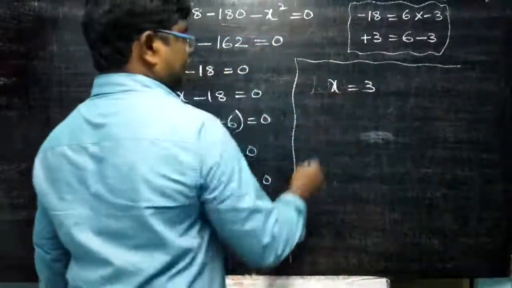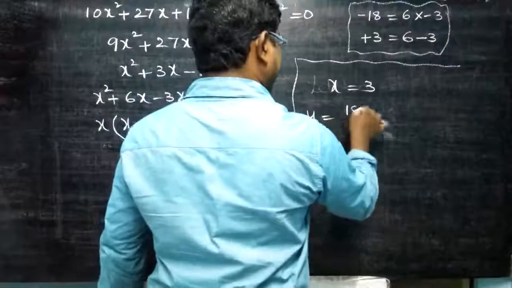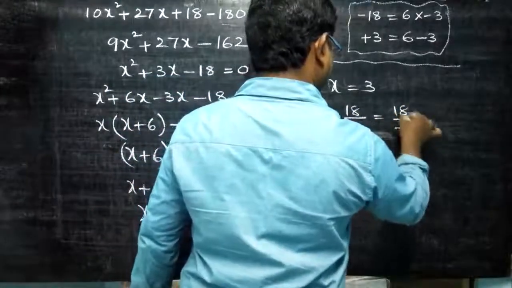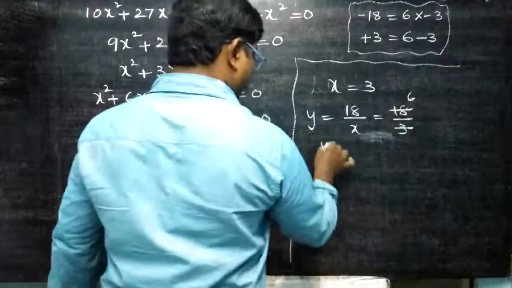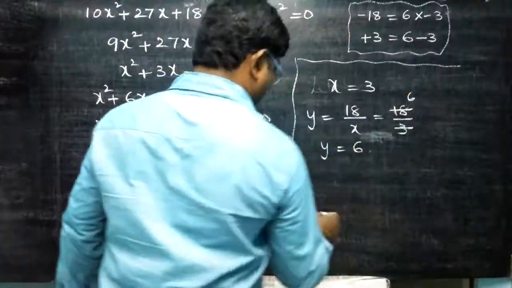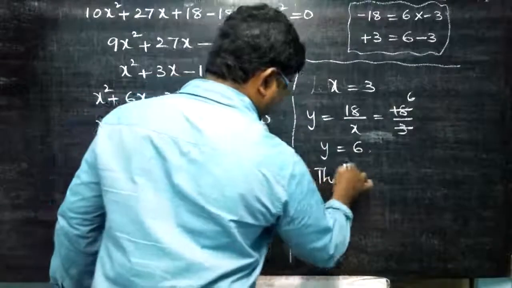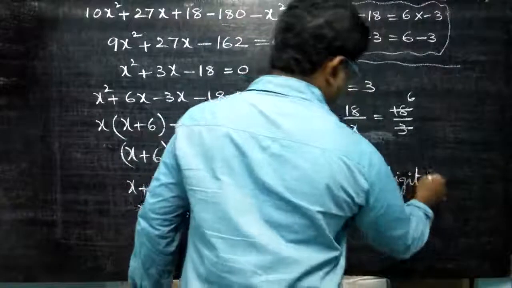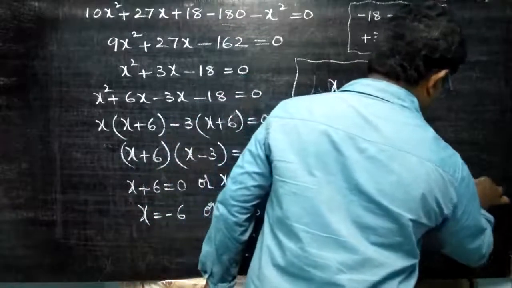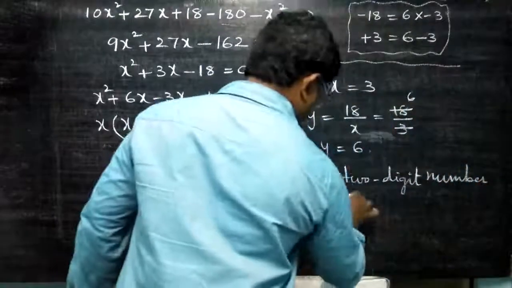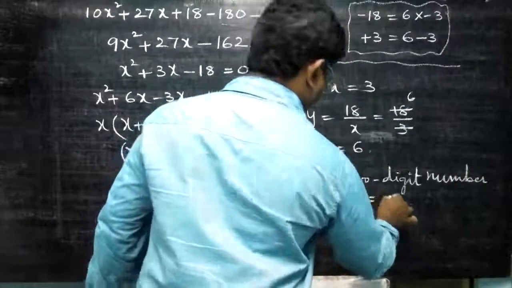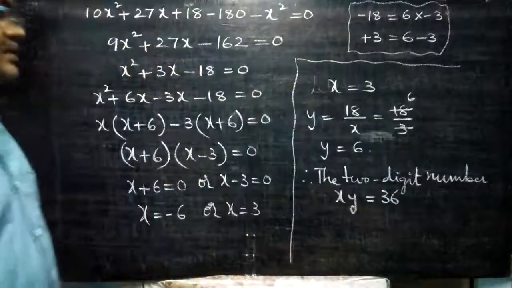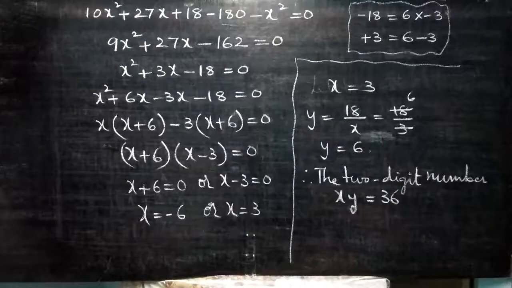Now y is equal to 18 by x, 18 by 3, 3 goes 6 times. So y we got as 6. Therefore the two-digit number xy is equal to 3, 6, 36. So 36 is the number we got.